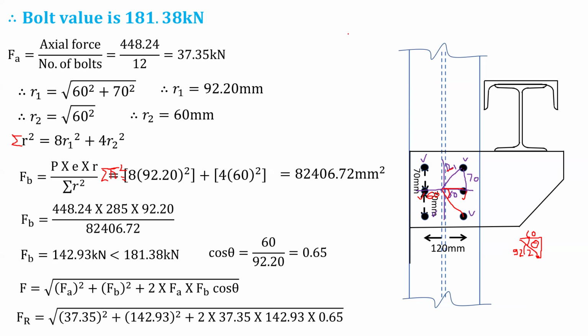Now how this formula actually comes: if we have this bolt, then we have two forces. I will send you a video of these details also. We have this force which is FA, and then we have another force which is perpendicular to this. So this is Fm.